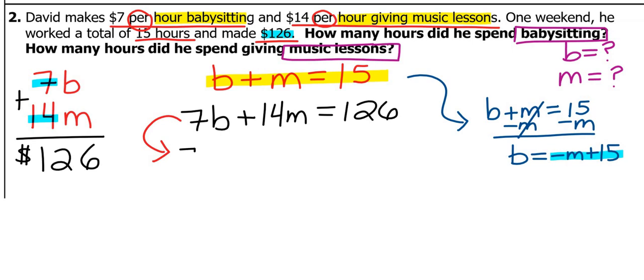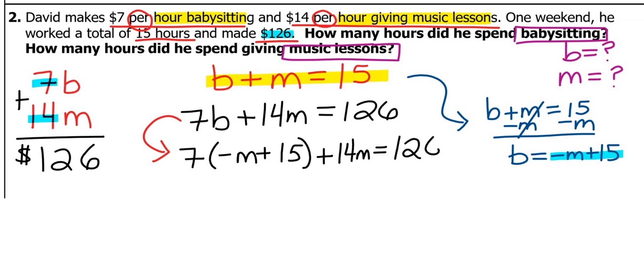So now it's going to be 7 times negative M plus 15. That should say plus. Let me fix that. Plus 14M equals 126.